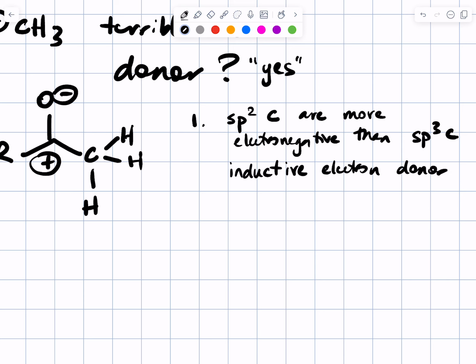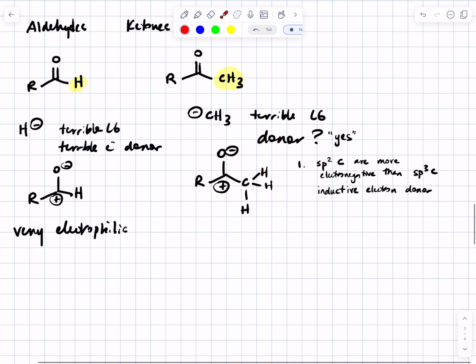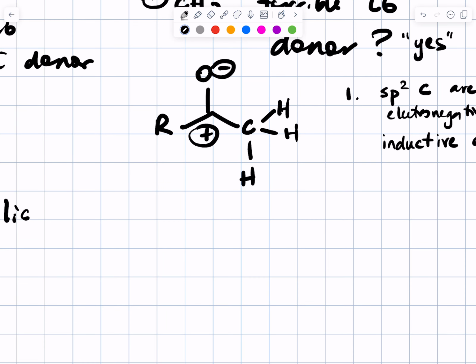That is, the sp2 carbon can suck electron density through the sigma bond away from the sp3 carbon simply by holding the electrons a little tighter, okay? That difference in electronegativity is not as big for the aldehyde as it is for the ketone. So you would predict that the ketone methyl group is donating, that's a little bond dipole, donating electron density through the sigma bonds towards the carbonyl carbon.